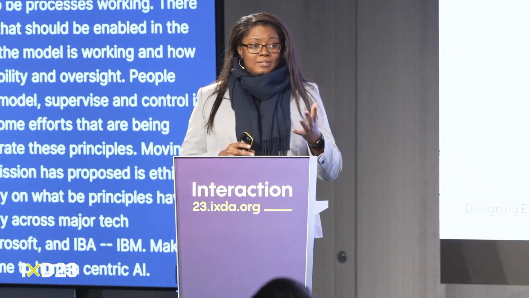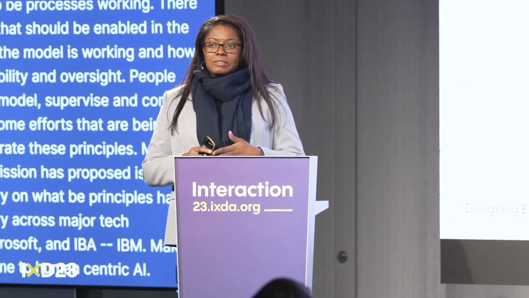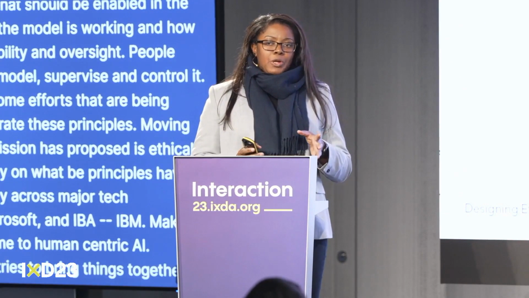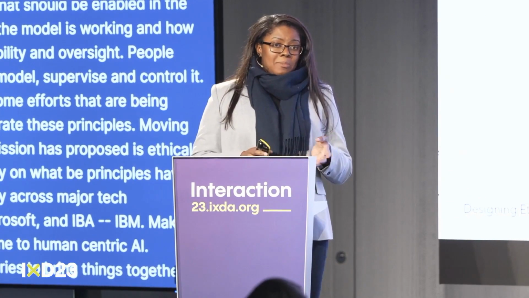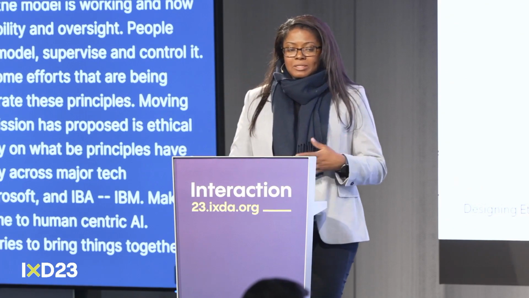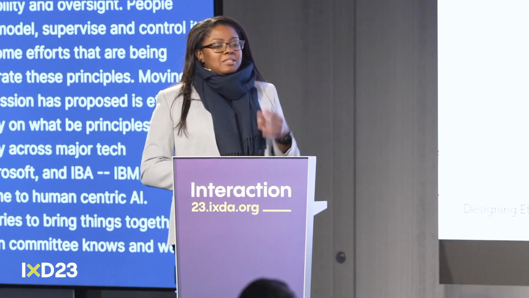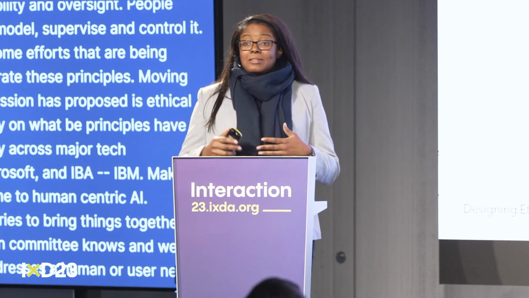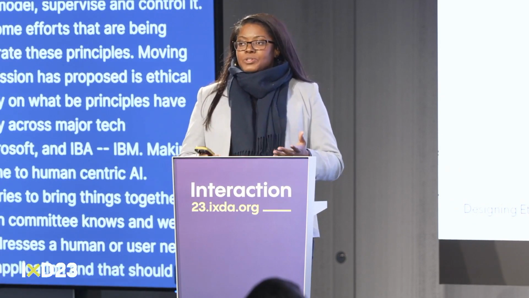One of them, of course, is starting with focusing on user needs. This is anchored in what we in the design community already know. We need to start with a problem that addresses a human need, or a user need in this case, or a customer, as you may name it. That should be the center of the application, and it should define the next steps or the different features that are provided.